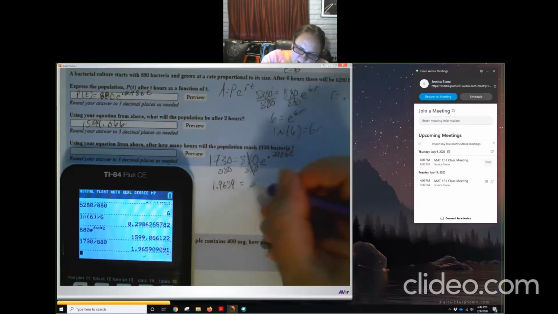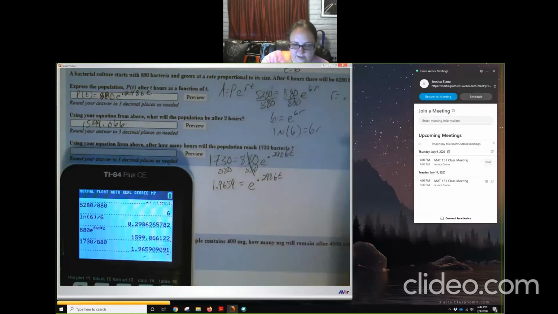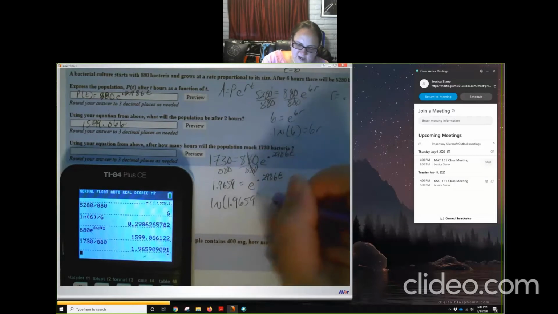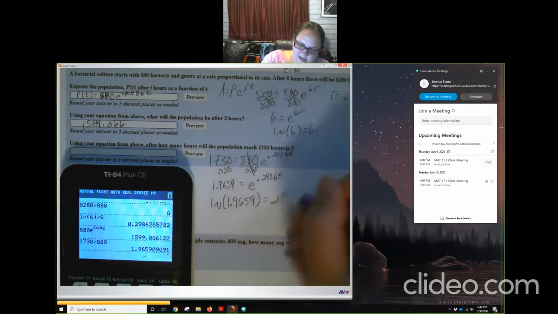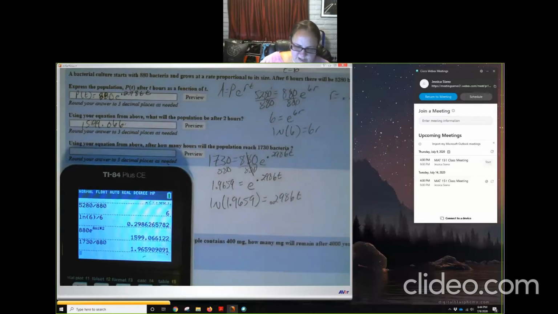E to the 0.2986 T equals 1.9659. So then the ln of 1.9659 equals 0.2986 T. So the ln of that, and then we're going to divide whatever we get there by 0.2986. Right now I have to do it by hand.